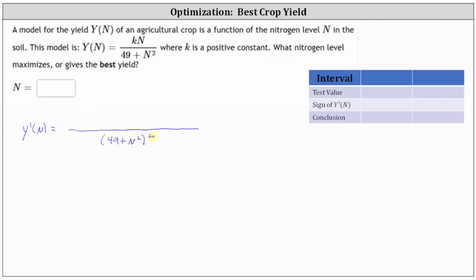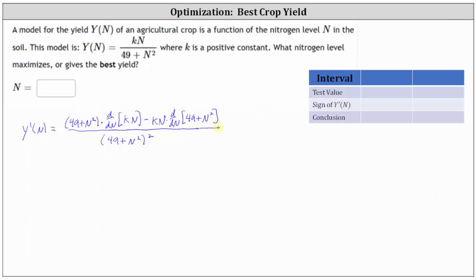And the numerator is the denominator, the quantity 49 plus n squared, times the derivative of the numerator, which is the derivative of kn with respect to n. Remember here we're treating k as a constant. And then we have minus the numerator, kn, times the derivative of the denominator, which is the derivative of 49 plus n squared with respect to n.